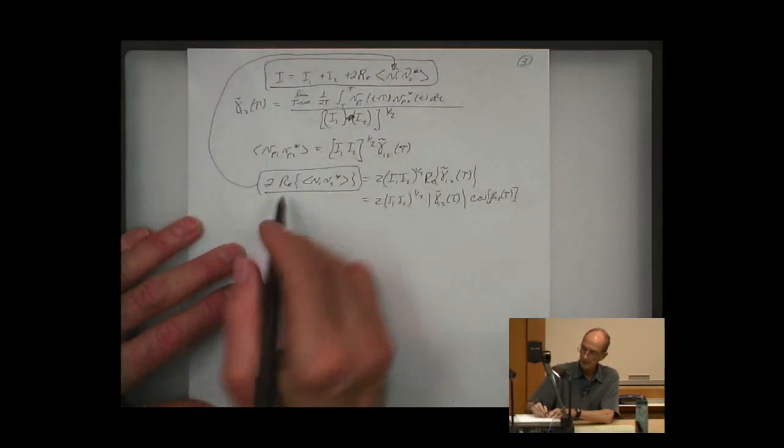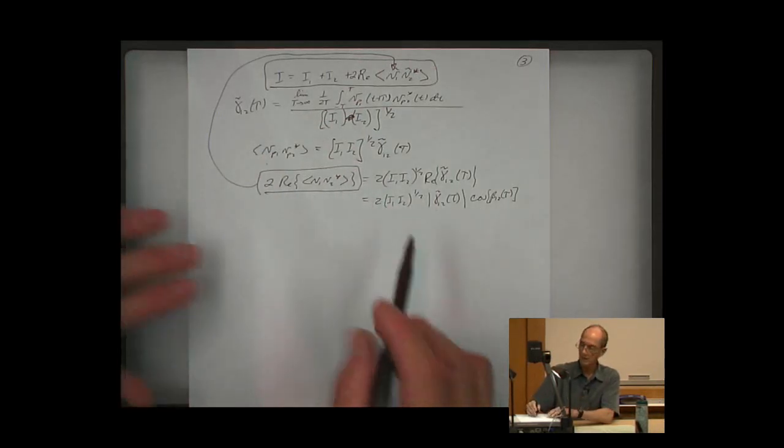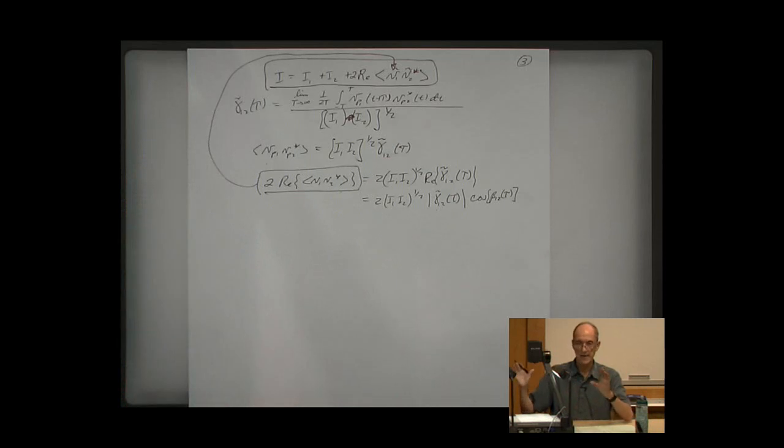We have this term that appears in our fringe formula related to this kind of abstract complex degree of coherence function, which is really not that abstract, right? It's just the time average of our two sample fields. That's what the notion of coherence is. We're averaging these two fields at two different points in space.